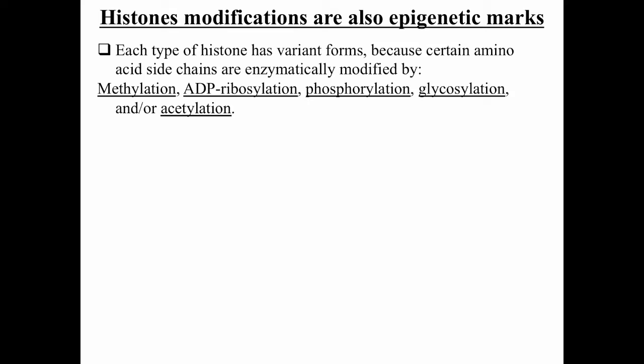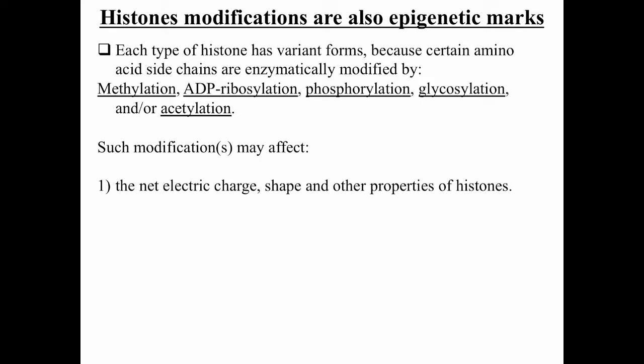Okay, and then the other type of epigenetic modification is histone modification. Each histone has variant forms, and there are certain amino acid side chains that can enzymatically be modified. So you can have methylation, ADP ribosylation, phosphorylation, glycosylation, and acetylation. These modifications on the amino acid residues often affect the net charge of the residue, the shape of that amino acid residue, as well as other properties of the histones.